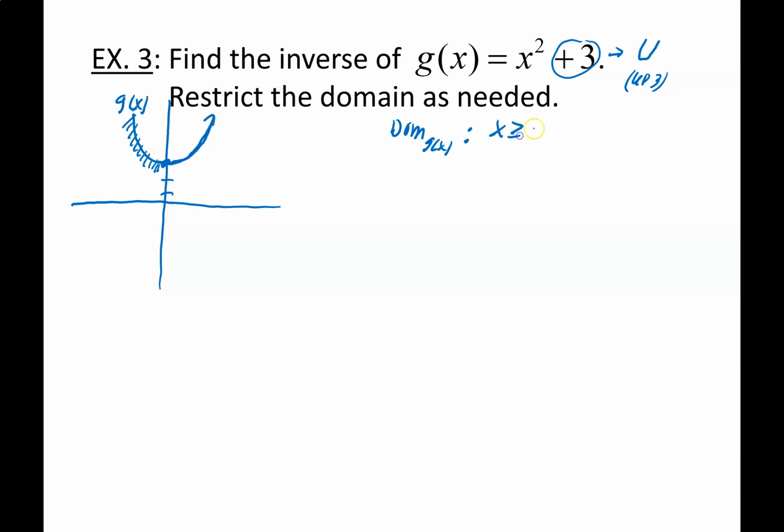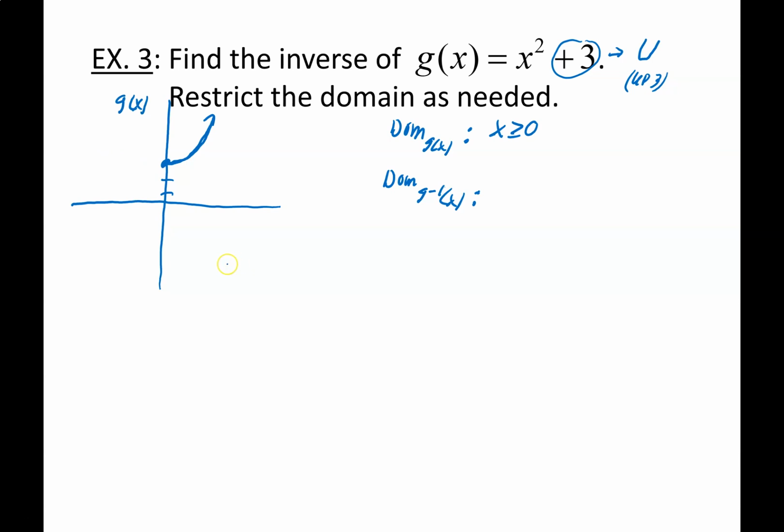So I'm going to say that x has got to be greater than or equal to 0. Now, we may also have a domain for g inverse as well. We'll get to that in a minute. So we've restricted the domain. If I take this piece off right here, we now have a one-to-one function which does have an inverse.